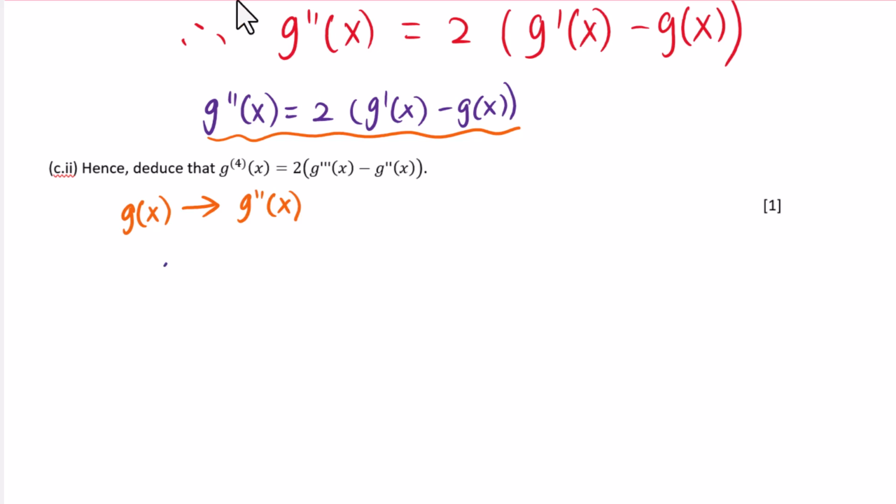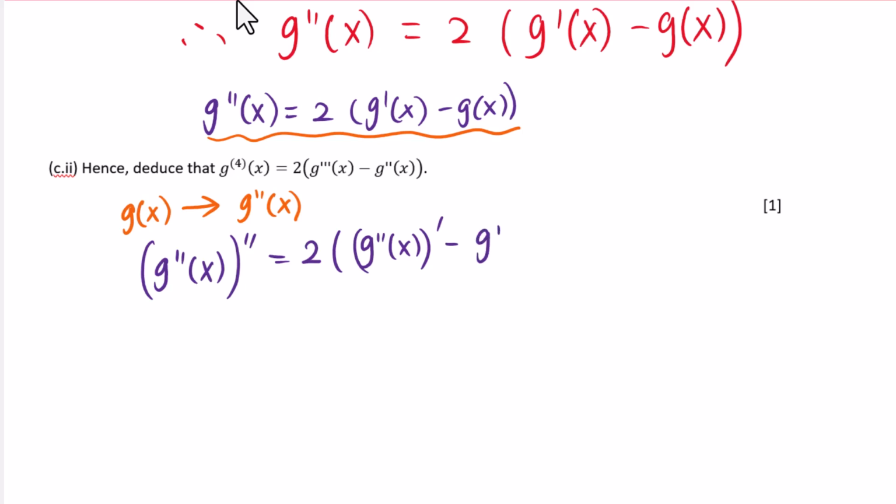then do the substitution here. We got g double prime of x double prime equals 2 times g double prime of x prime minus g double prime of x.